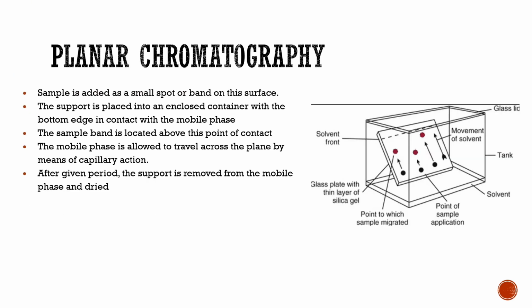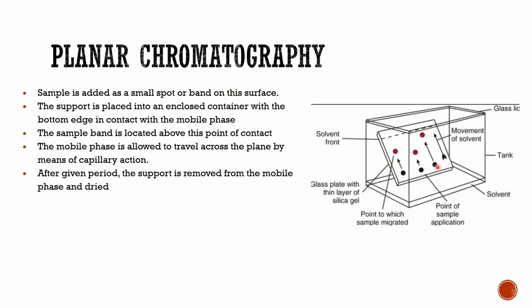To explain how the sample is separated in planar chromatography, it's very simple and straightforward. Here you have the stationary phase and it is placed in the mobile phase. Here there is a liquid mobile phase that will be moving all through the stationary phase. The sample will be injected above the point of contact with the mobile phase.